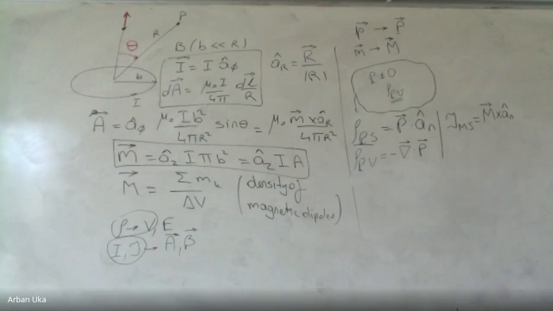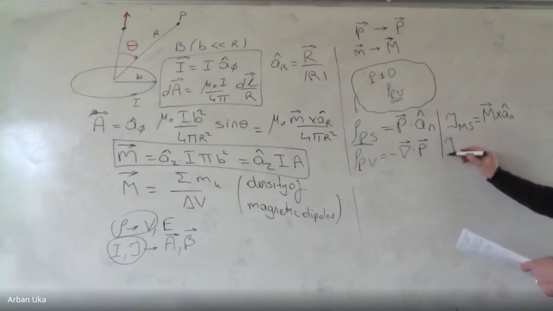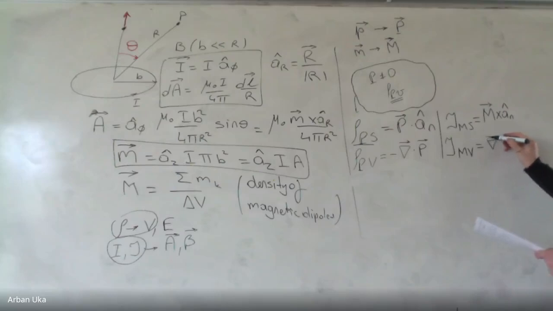Okay, so this is how we can denote this. And we can also define the current density because of the magnetization in a volume, which is going to be equal to the curl of the magnetization.